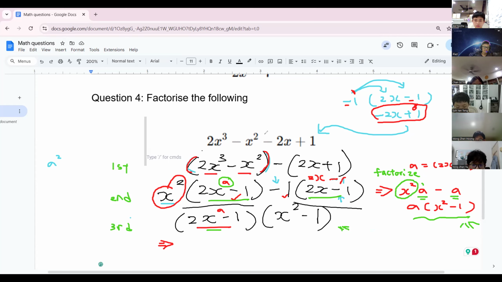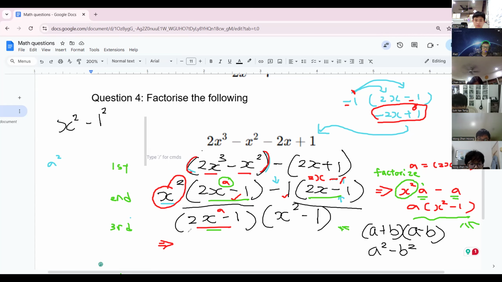Okay, yes. So as we know, a plus b times a minus b, we will get a squared minus b squared. So x squared minus 1, we can also rewrite it as x squared minus 1 squared, since 1 squared is equal to 1.